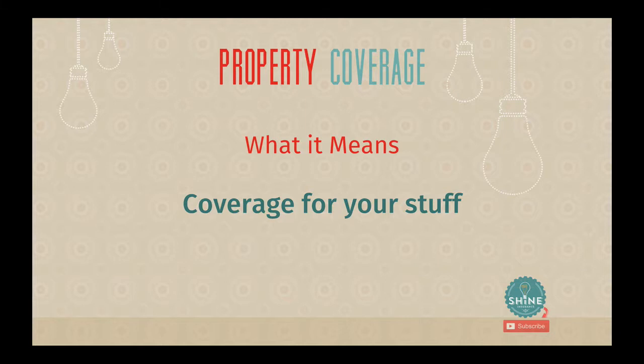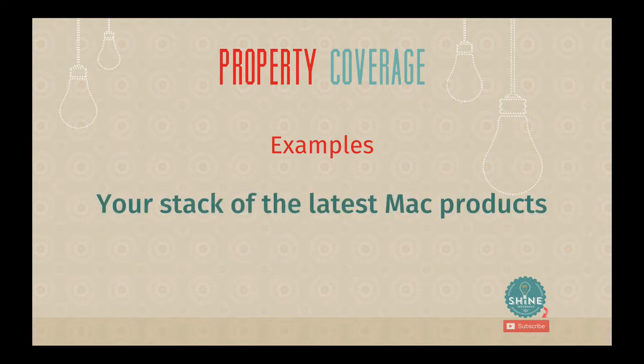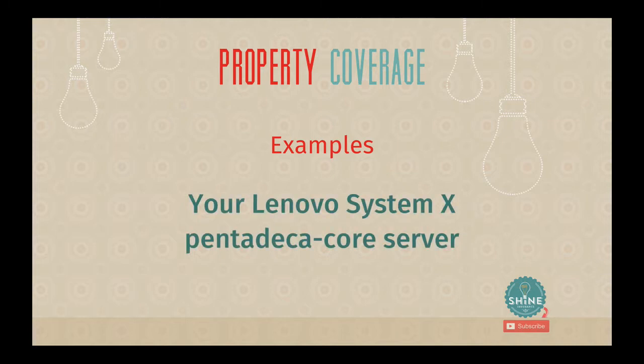Let's talk about the next type of coverage, the other kind of basic coverage that any business needs, whether it's a tech business or a restaurant or a hair salon. You need property coverage, which is coverage for your stuff. So you need coverage for that standing desk you just picked up off of Amazon, for the stack of the latest Mac products that you just purchased, and of course for your Lenovo System X Pentadeca Core server.